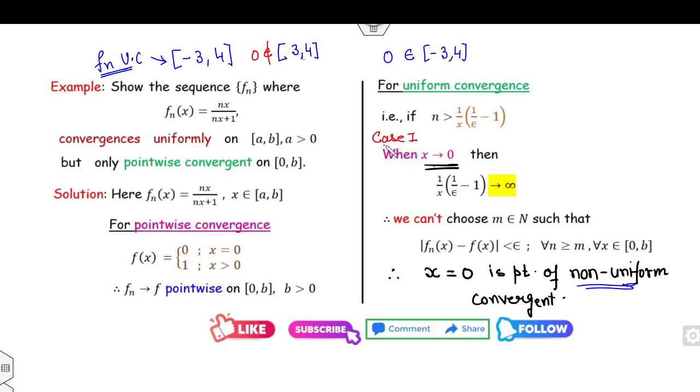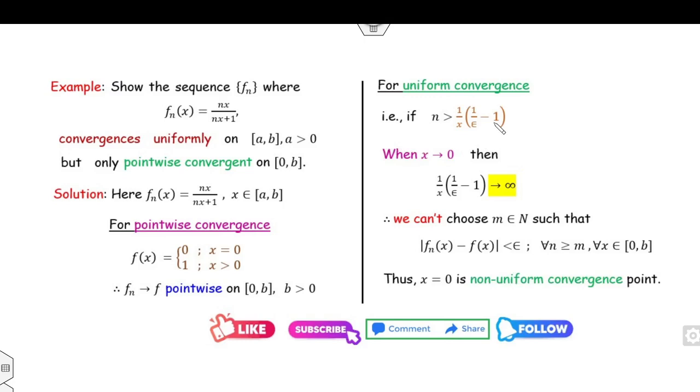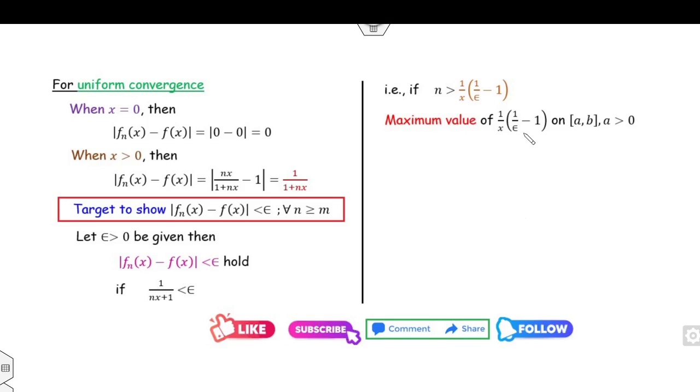When x approaches 0, this becomes infinity. Case 2: you always look to find the maximum value of this one. Now my interval is (a, b). What is the maximum value of 1/x times (1/epsilon - 1) whenever x lies between a and b? Clearly this term is a constant.